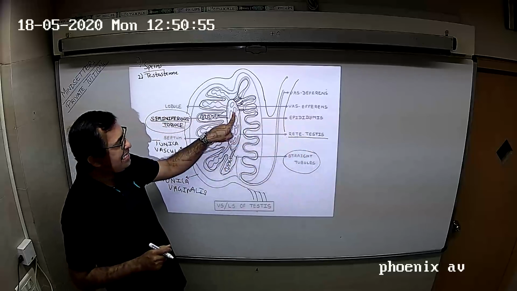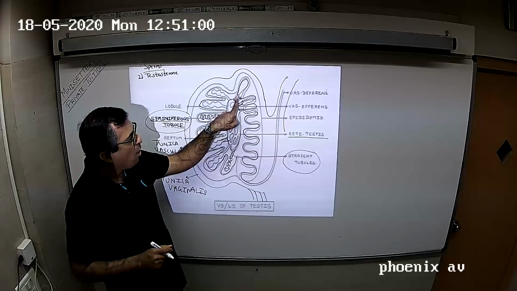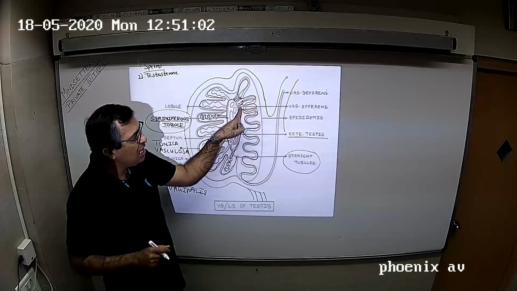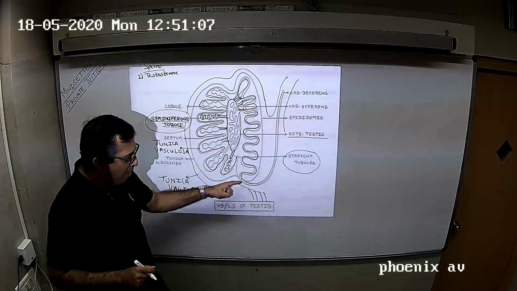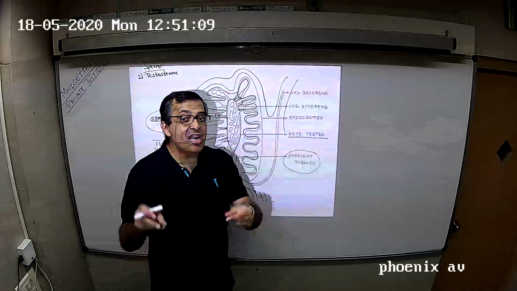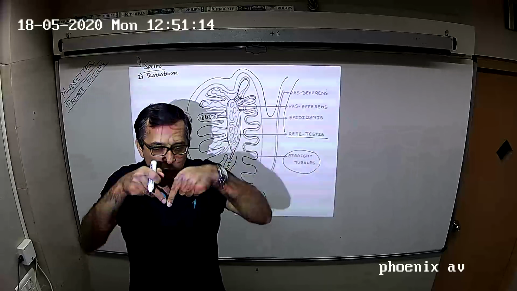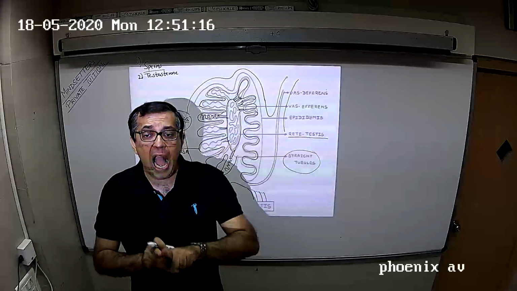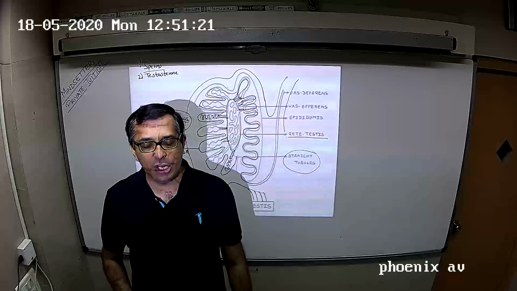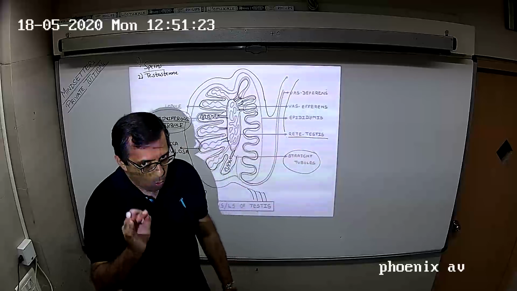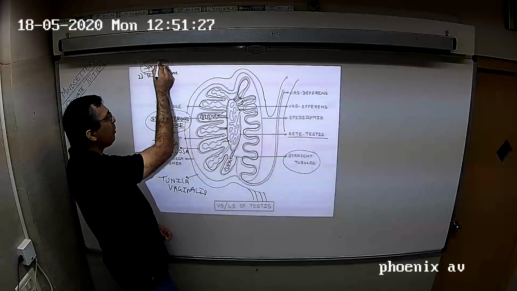From rete testis, they pass into vasa efferentia. From vasa efferentia, sperms pass into the epididymis. From epididymis into the vas deferens, into the ejaculatory duct, through the urethra, out, and that phenomenon is called ejaculation.